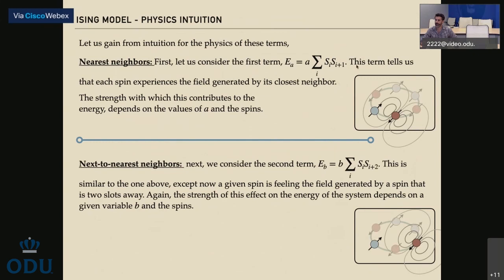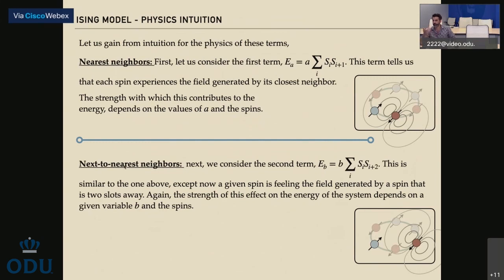What this tells us is that each spin experiences the field generated by the closest neighbor. Each one of the spins is a little magnet, and it creates a little magnetic field. Because of that, they're either going to be attracted to or repelled by each other, and so it's going to translate into some energy in the system. The strength with which this contributes to the energy is going to depend on the value of A, and of course on the product of the two spins.